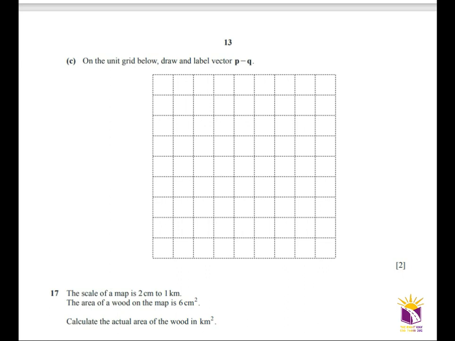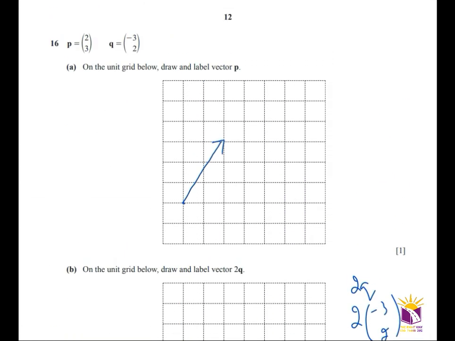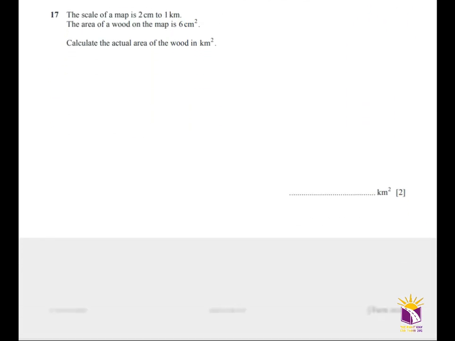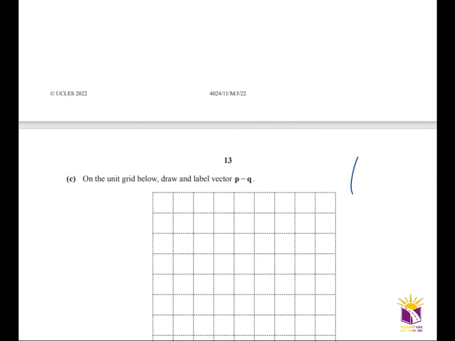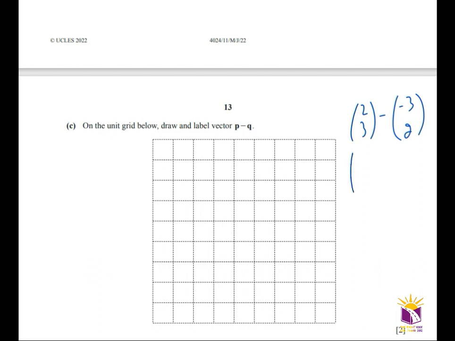Part C. On the unit grid below, draw and label vector P minus Q. Now, what are P and Q? P is 2, 3 and Q is minus 3, 2. So 2, 3 minus minus 3, 2. It will become 2 minus minus, which is plus 3, and 3 minus 2. So it will be 5 and 1.